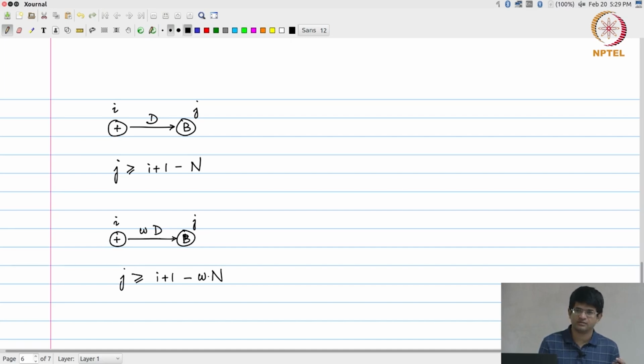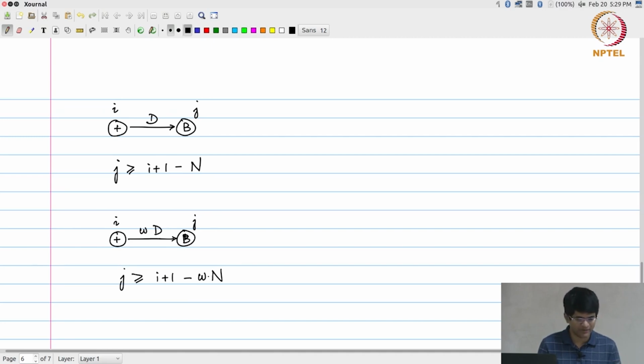So, in general, for any data flow graph, for an edge in that data flow graph, if I have decided that the initial actor is going to fire at time I and the destination actor is going to fire at time j, then this condition, j is greater than or equal to I plus 1 minus W times N, must be satisfied.